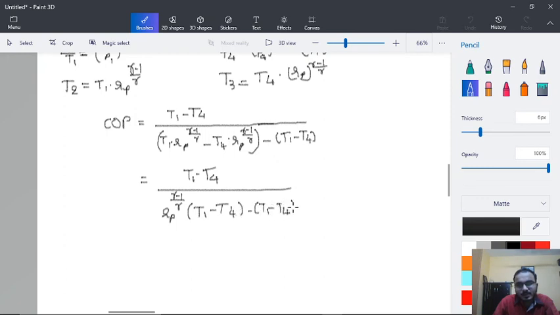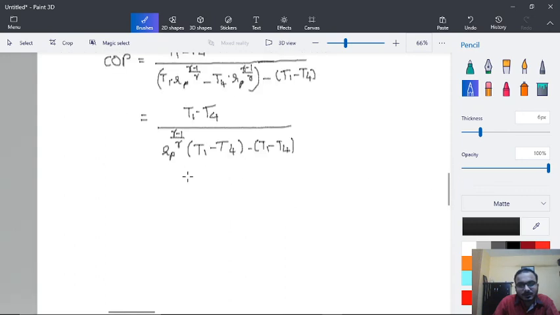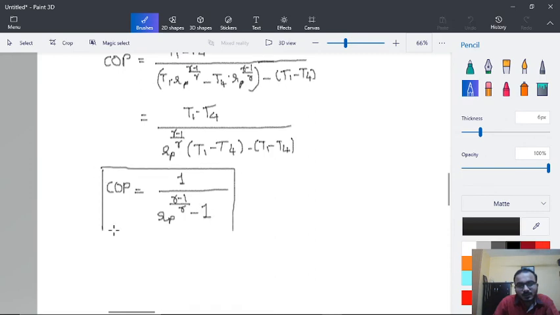So the final answer after eliminating the temperature difference will be COP is equal to 1 divided by (Rp raised to gamma minus 1 over gamma, minus 1). So this will be the value of COP, which is a function of pressure ratio only.